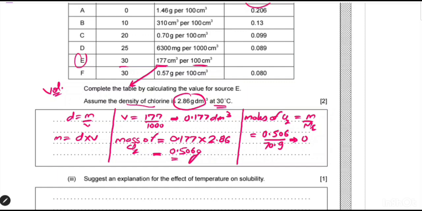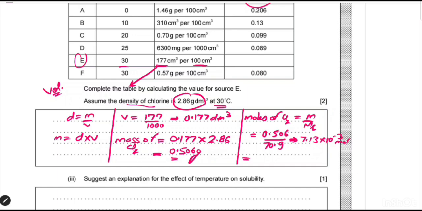When I calculate 0.506 divided by 70.9, that comes out to be 7.13 into 10 to the power minus 3 mole. I get this.